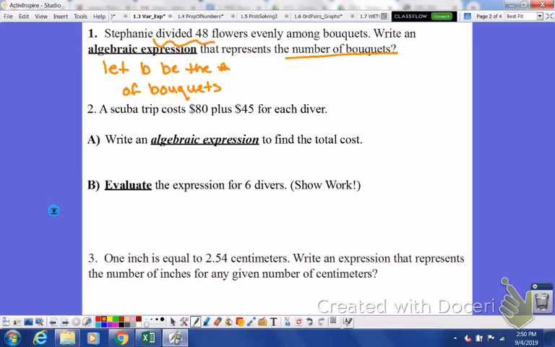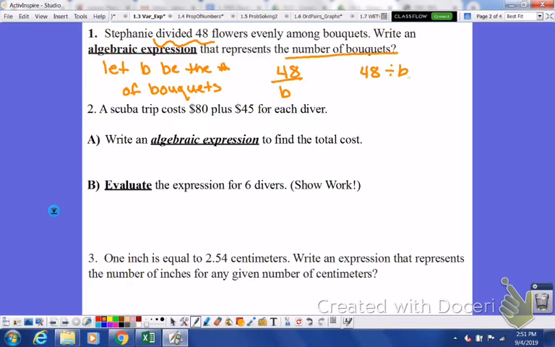She's dividing 48 flowers evenly. So we could do 48 over B. We really like to use the fraction bar. Alternately, you could have said 48 and show your division sign. Both of them would be acceptable, but like I said, we really like the fraction bar in pre-algebra.